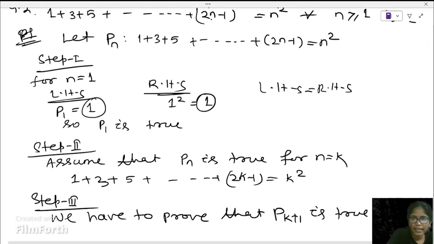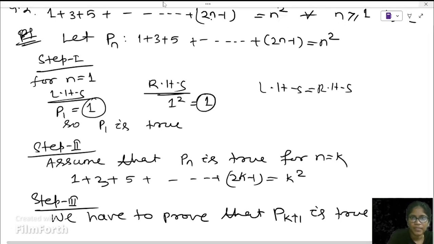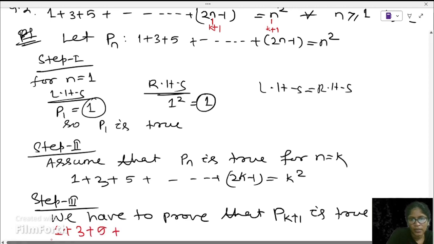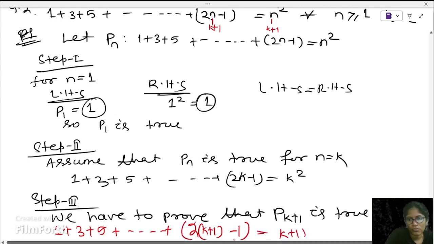That means in place of n, we will put k plus 1. That means 1 plus 3 plus 5 plus up to 2 into, in place of n we will put k plus 1, minus 1, is equal to k plus 1 whole square.